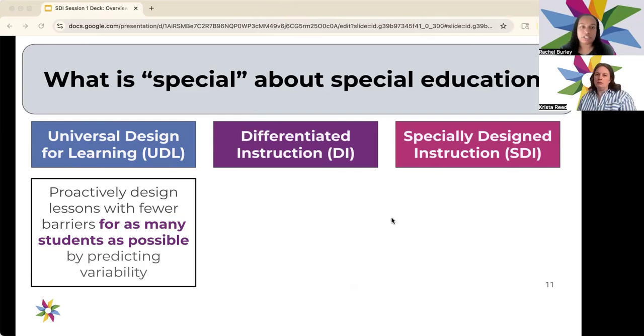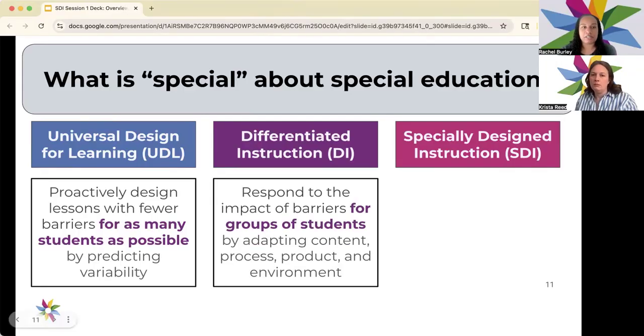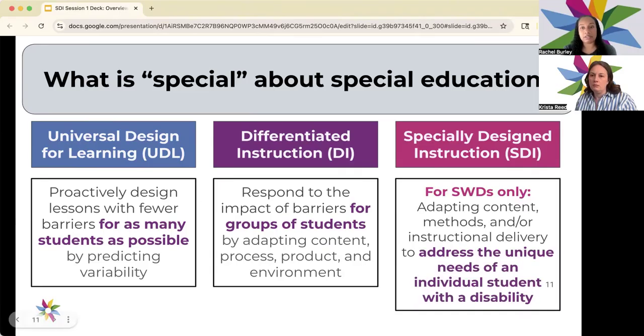When we talk about differentiation, we're talking about being responsive to groups of students. So, what do various groups of students need? But what's different about SDI is that it's individualized and it is the only one that is specifically for students with disabilities. It's also legally required under IDEA.